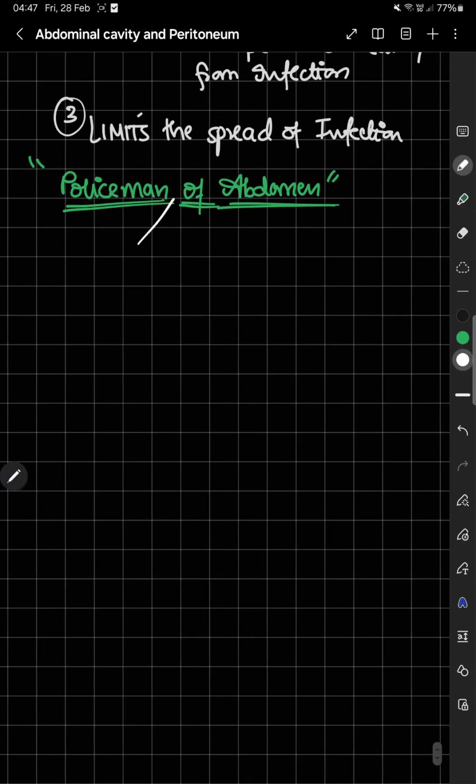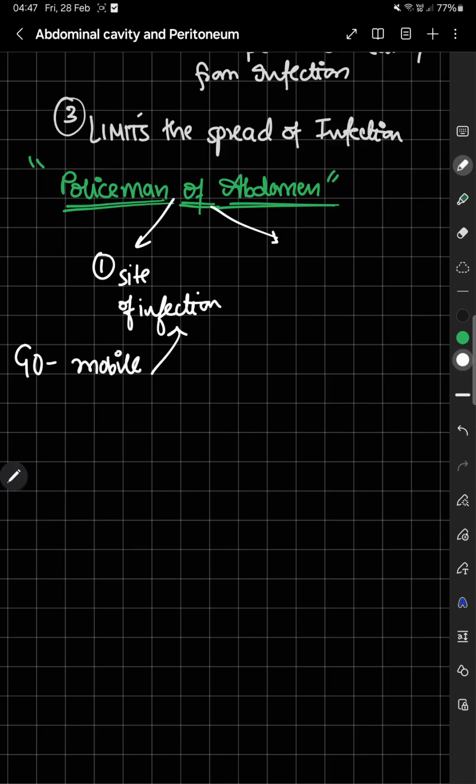This is for two reasons. Number one, whenever there is a site of infection, it moves to it. The greater omentum is quite mobile, so it moves to the site of infection. Therefore it would seal it off from others.